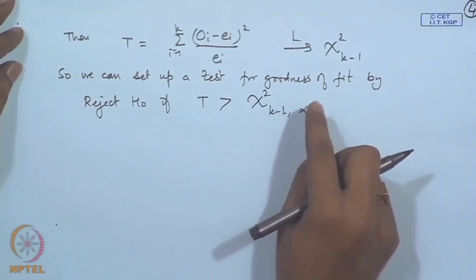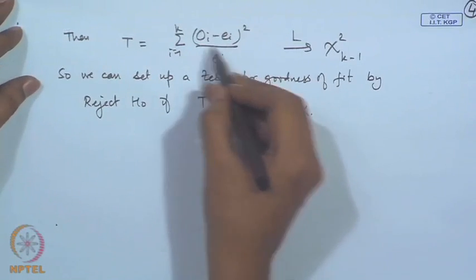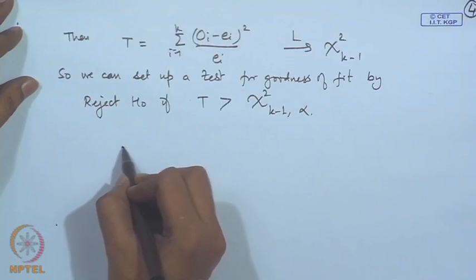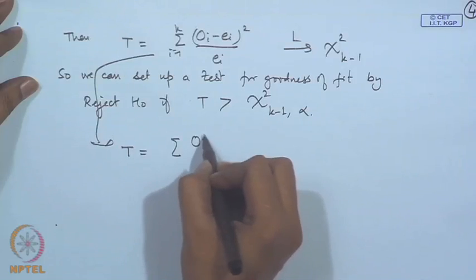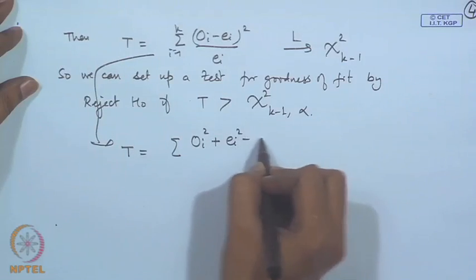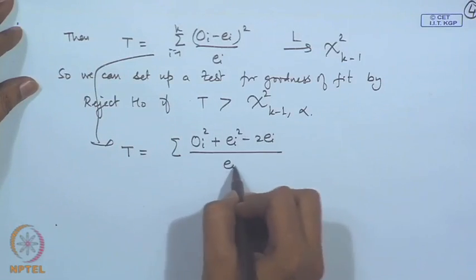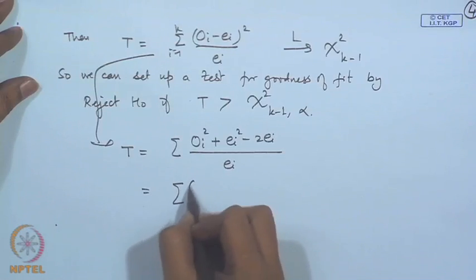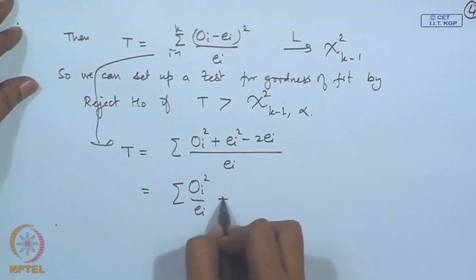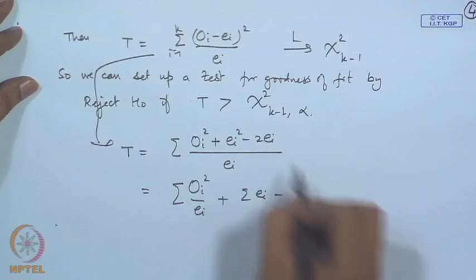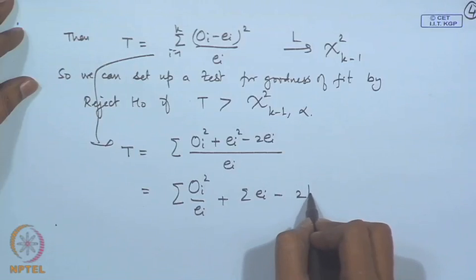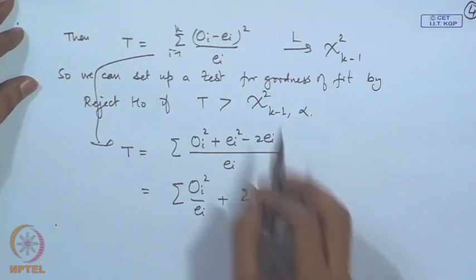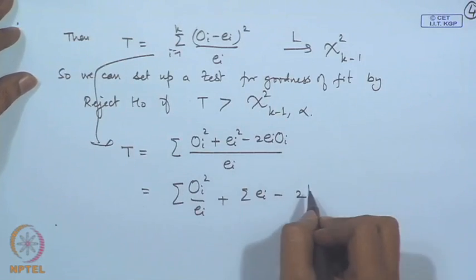Now, here you have some sort of simplification also available. See, we can write sigma (Oi square plus Ei square minus twice Oi Ei) divided by Ei, that is equal to sigma Oi square by Ei plus sigma Ei minus twice sigma Oi.